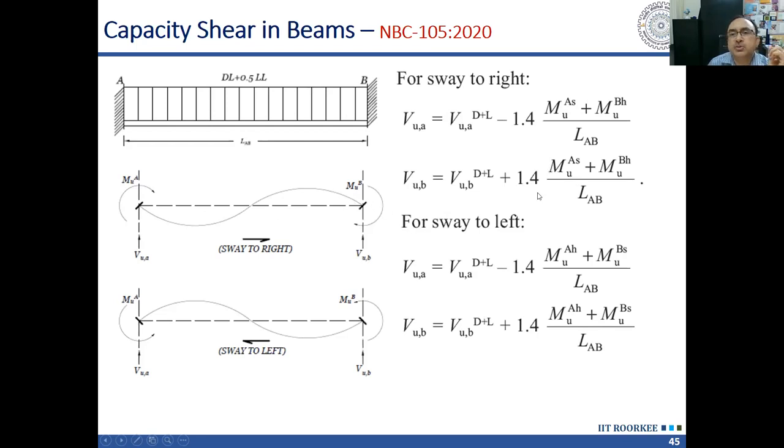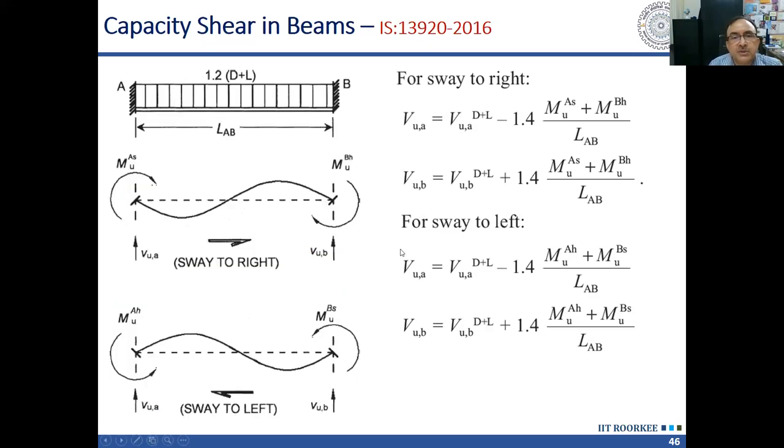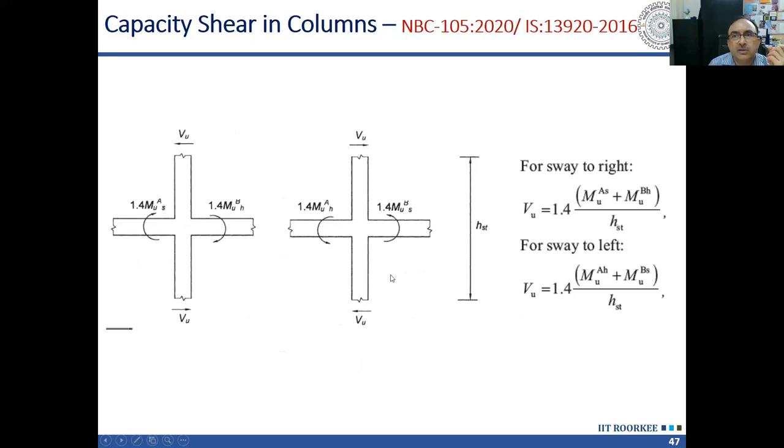So it has to be sagging at A, hogging at B, and then hogging at A and sagging at B. Okay, so in one case, sagging at one end, hogging at the other end, and another case, hogging at one end and sagging at the other. Same expression is available in IS 13920 also.